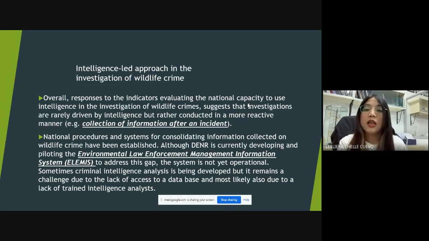Sinisimulan nila yan in order to address this gap, yung kulang ka ng information mula doon sa mga wildlife crime na nangyayari. So the system is not yet operational. Sometimes, criminal intelligence analysis is being developed, but it remains a challenge due to the lack of access to a database and most likely also due to a lack of trained intelligence analysts.